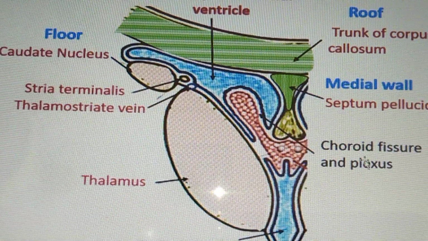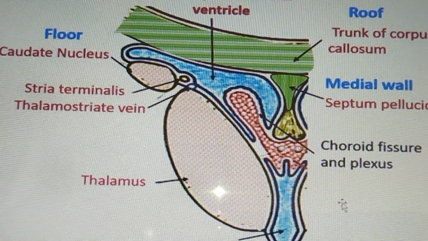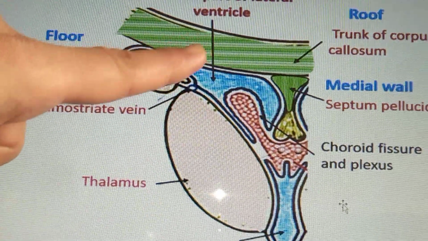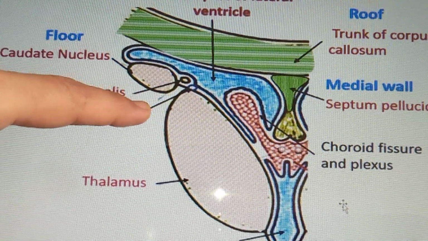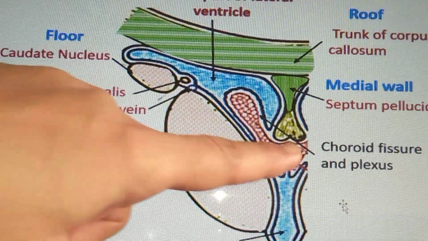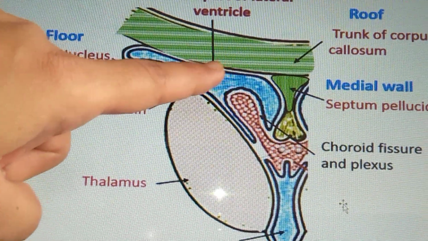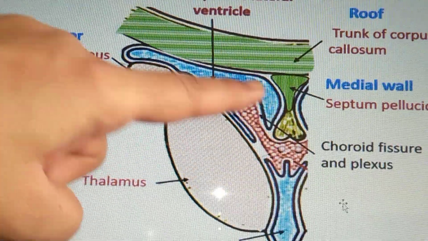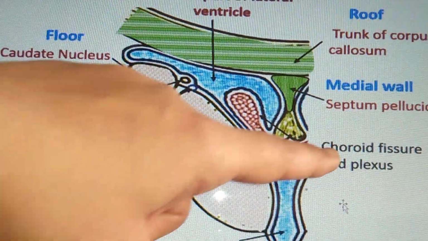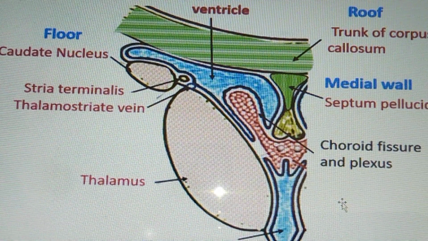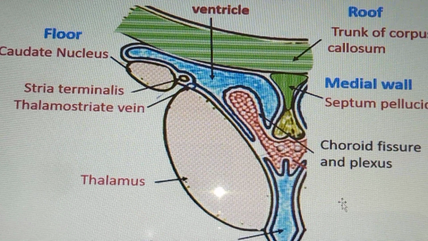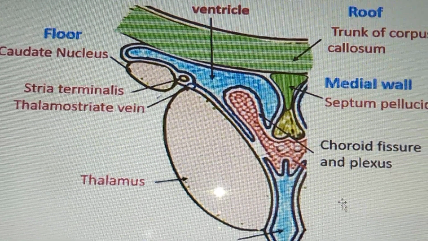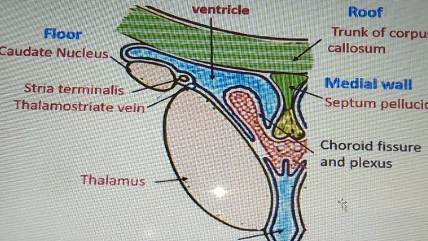Here you can see the caudate nucleus and the stria terminalis, all coming into relation to this choroid fissure and the plexus. This is the fissure and this is the choroid plexus. So that is all about the central part and the choroid fissure and plexus. Next is the anterior horn.